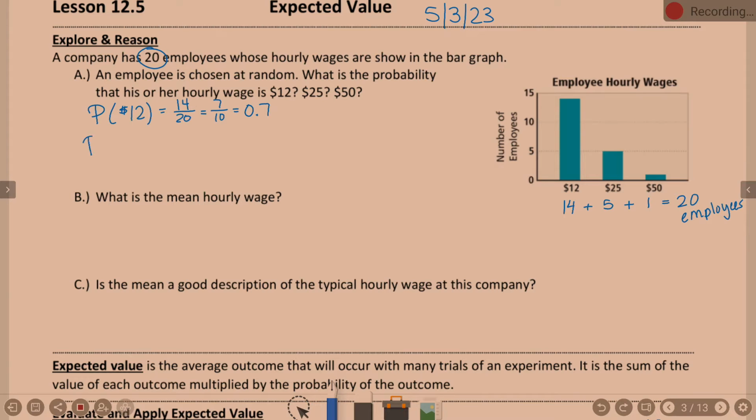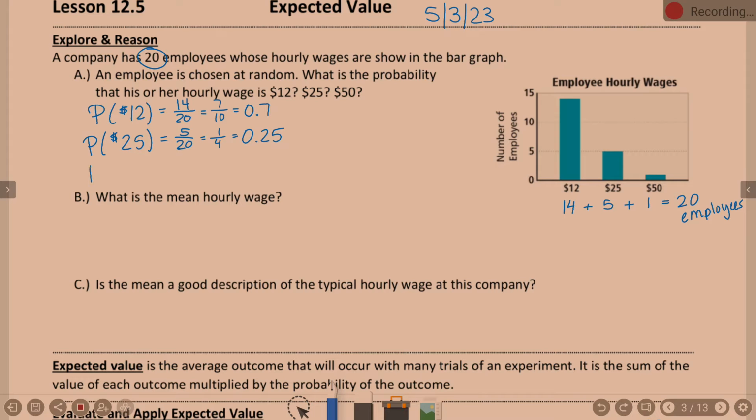So what's the probability your hourly wage is $25? What are we doing? 5? There's 5 people that make $25, so 5 out of 20. And what do we know about 5 out of 20? Reduce this to 1/4. As a decimal, that is 0.25.